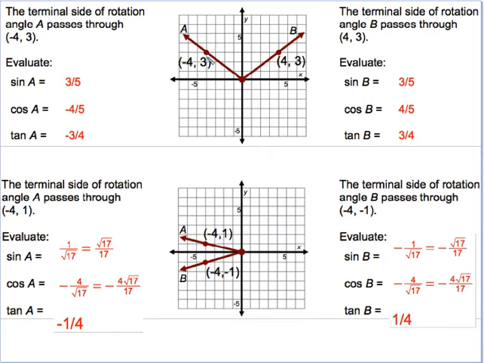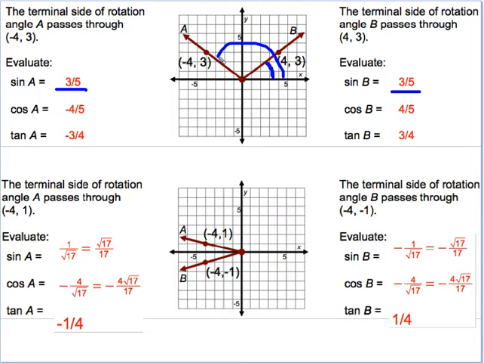Here you have two different rotation angles, but if you set up your trig ratios, you'll notice that for both of these, your sine values are exactly the same. So if I did inverse sine of 3 over 5, I would get only one angle. I would get this angle.